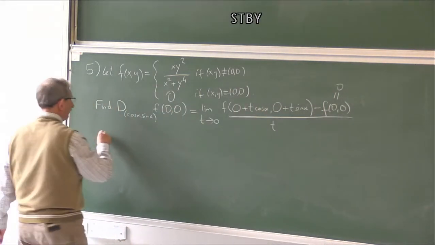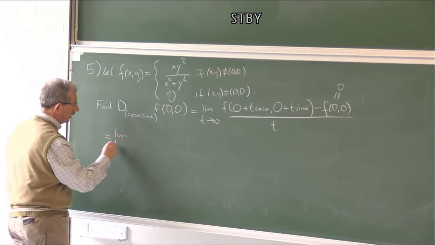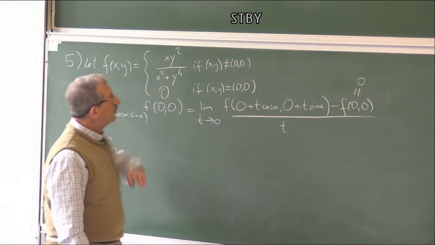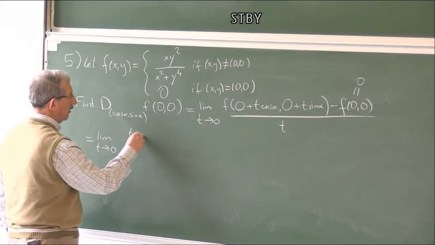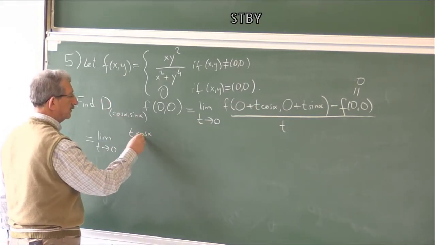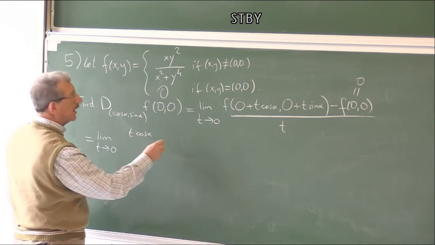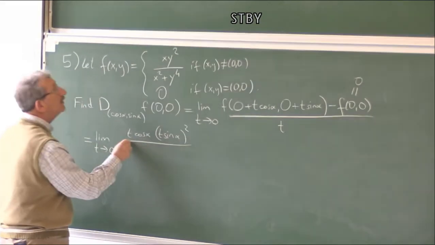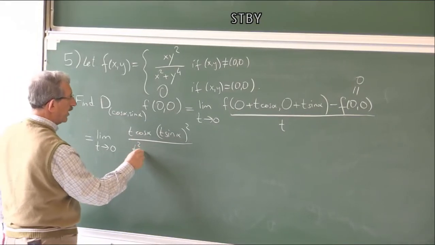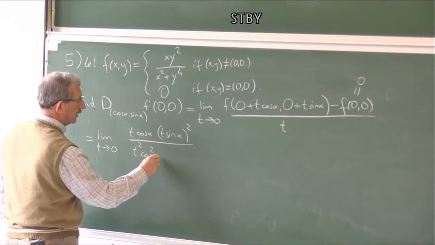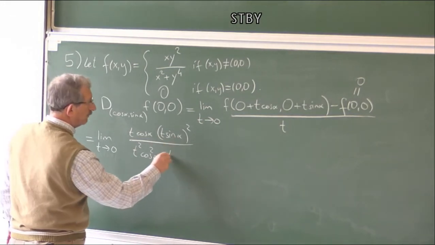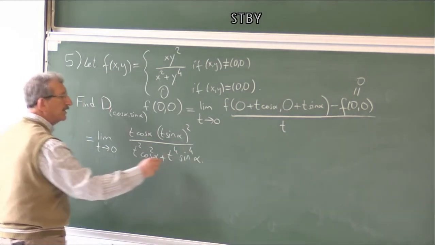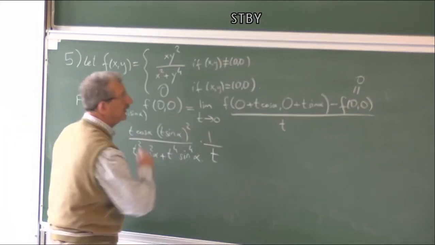And we can simplify this by substituting the values. Now, x is t cosine alpha, that's just 1, power 1, and we have t sine alpha squared, divided by x squared plus t to the 4th sine to the 4th alpha, divided by t.